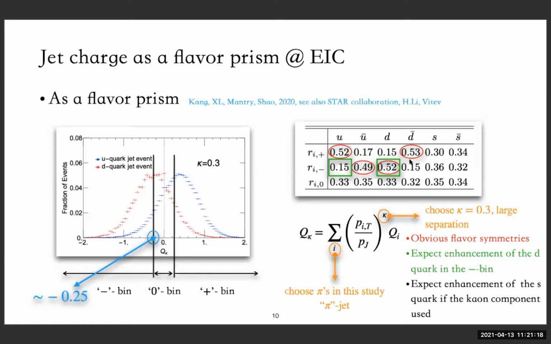And also, if you look at the second row, you notice that the U contribution to the negative charge bin is highly suppressed compared with the D contribution. Therefore, we expect an enhancement of the D quark contribution in the negative bin. And also, if instead of using pions, we use the kaon component of the jet, we will expect an enhancement for the strange quark.